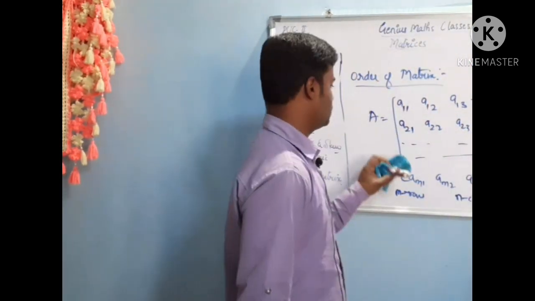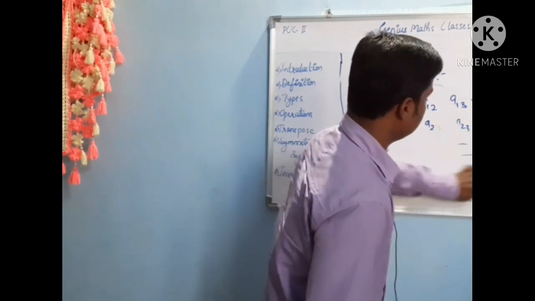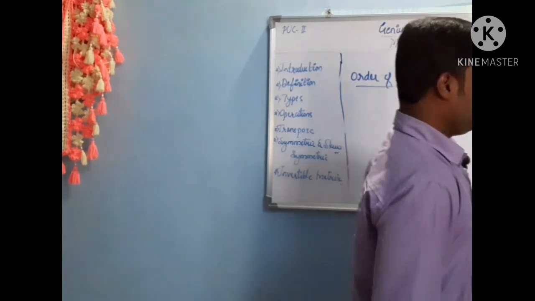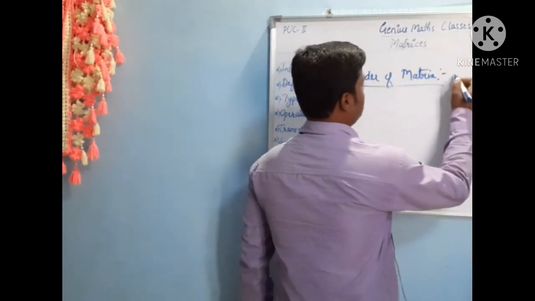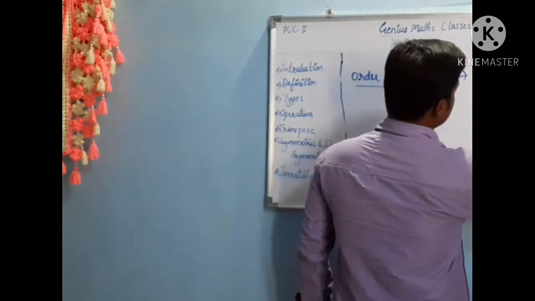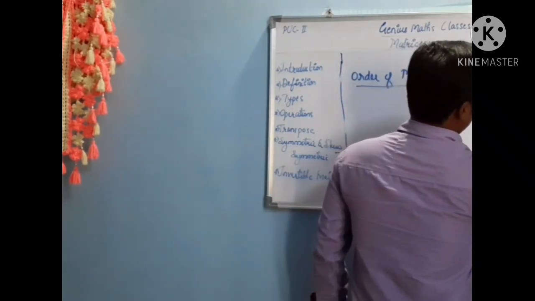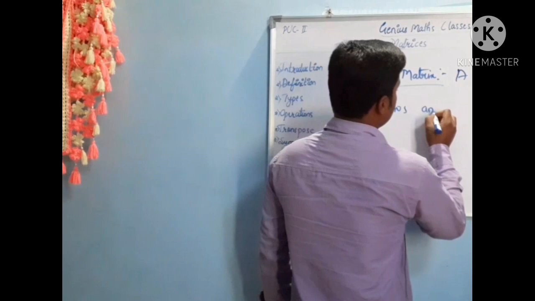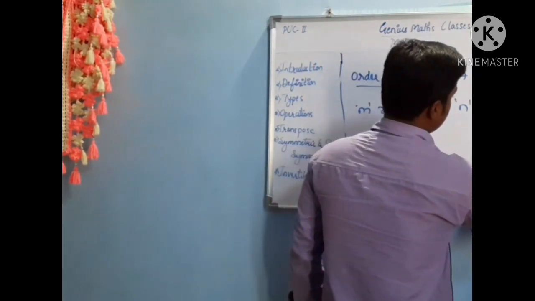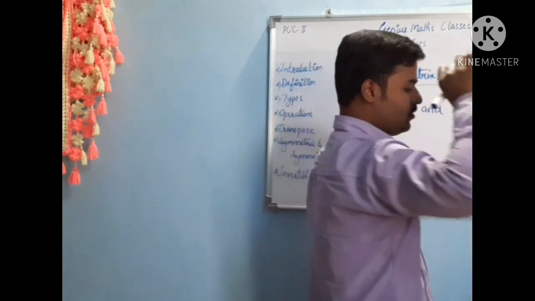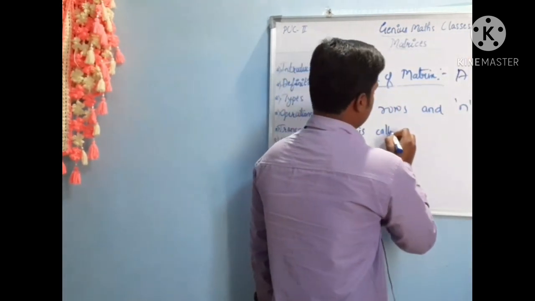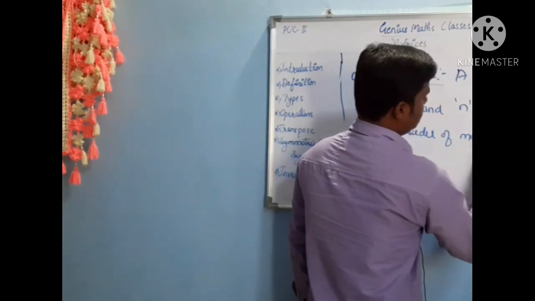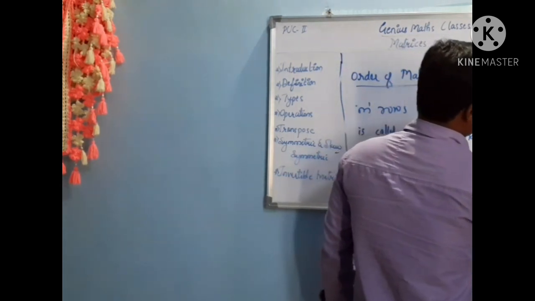Okay, is it understood? So now I will tell what the order of a matrix is. A matrix having m rows and n columns is called a matrix of order m cross n.